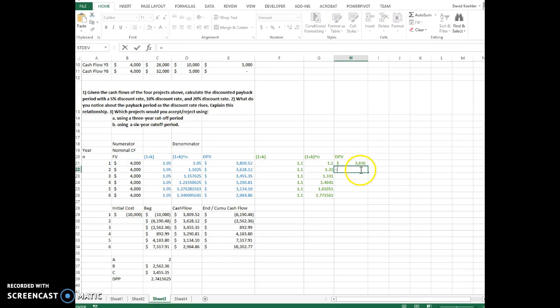This one is going to be the numerator divided by the denominator. We're going to drag it down, and you can see the values drop, right? Okay, so green represents the 10% discount rate.